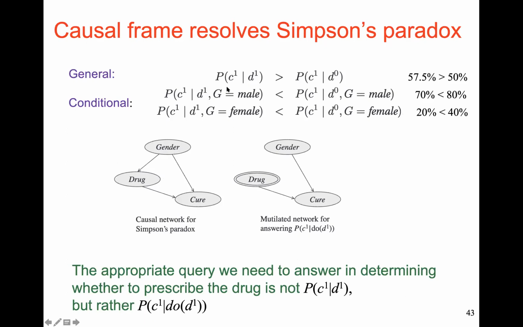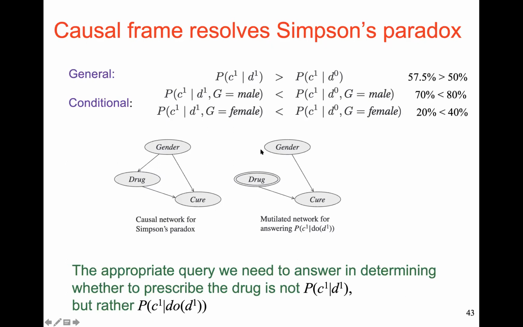The general network says P of C1 given D1, cure given drug, is greater than cure given not drug. It says 57.5% greater than 50%. So this seems to say that for the entire population, if you take the drug, you are better off than not taking the drug, 57.5 to 50.